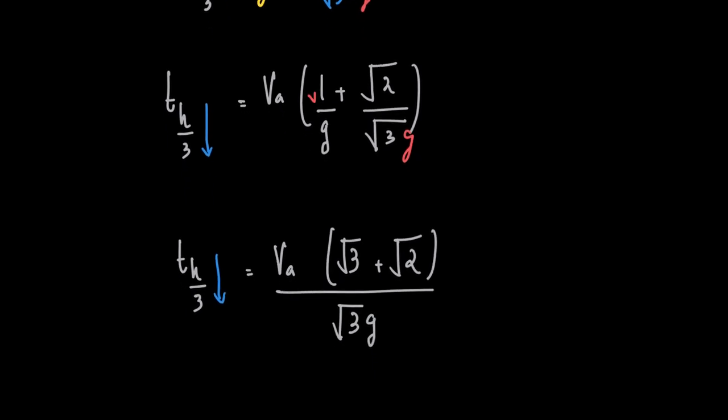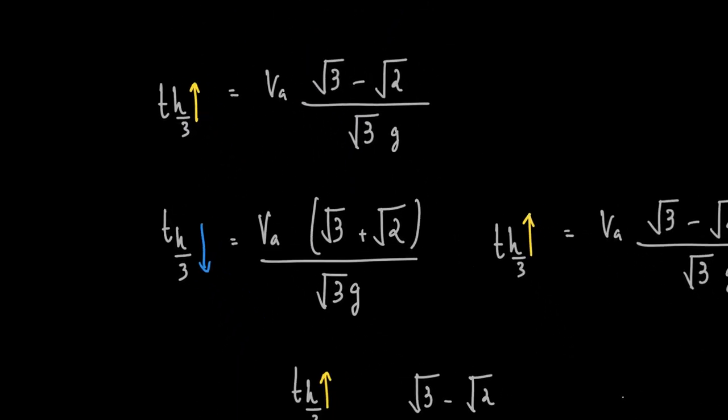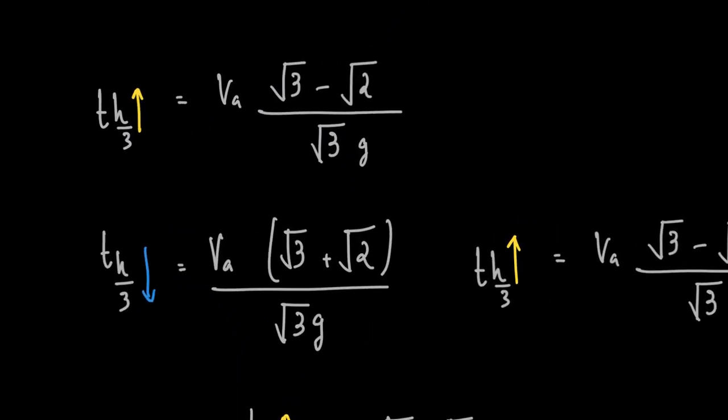Now, multiplying root 3 in the numerator and the denominator, what I get is VA into root 3 plus root 2 by root 3G, which is the time to reach H by 3 while coming downwards. So we have two values. Time to reach H by 3 upwards is VA into root 3 minus root 2 by root 3G.